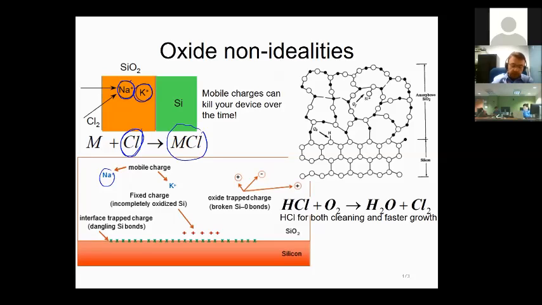But on top of it, we have lots of other non-idealities, like there might be some silicon bonds that weren't oxidized there. So they will create these interface charges. There might be incomplete oxidation of the silicon. Okay, they will create more charges for you, or some of those silicon oxygen bonds might be broken inside the oxide, and they will also create some non-idealities.